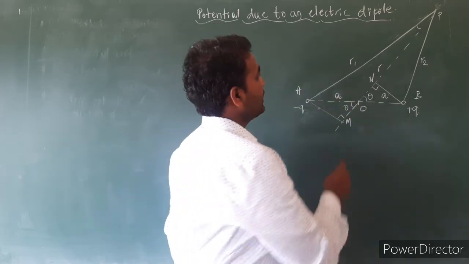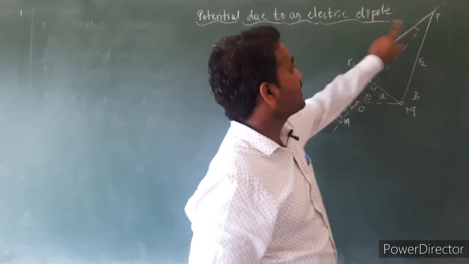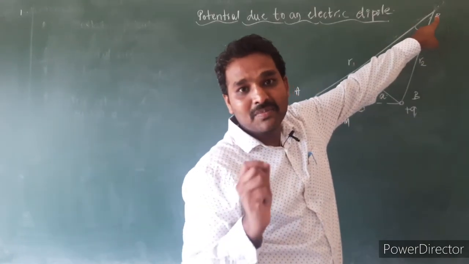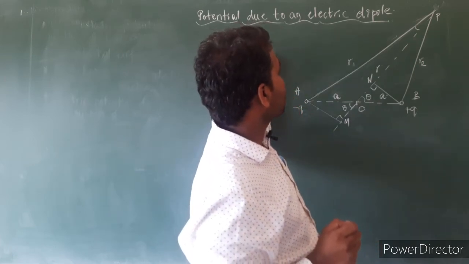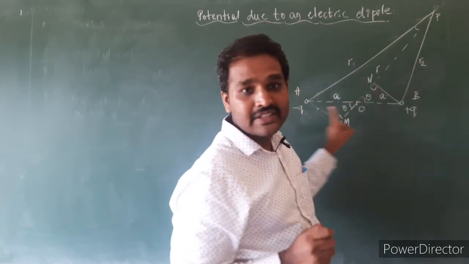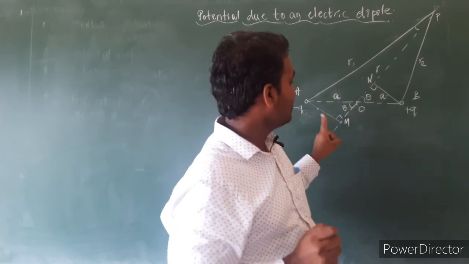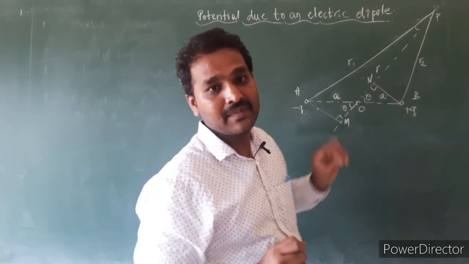Let us consider a point P, randomly placed, where we wish to calculate the electrostatic potential due to these two charges, the electric dipole AB.